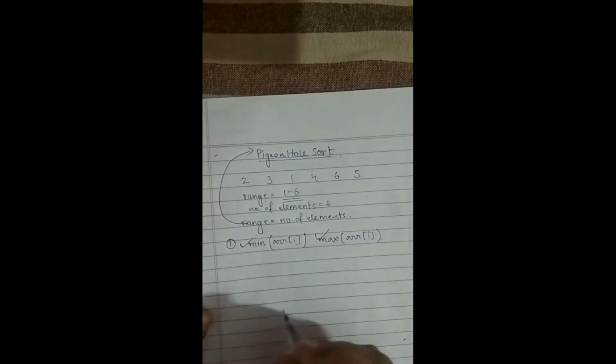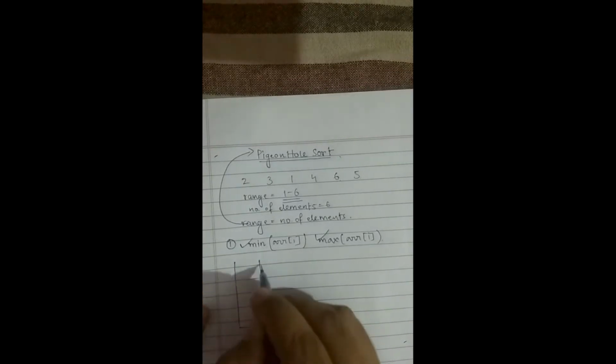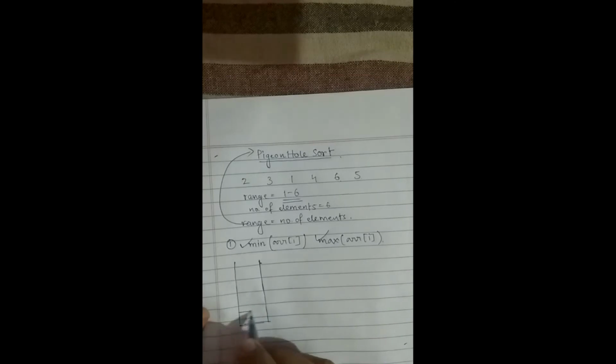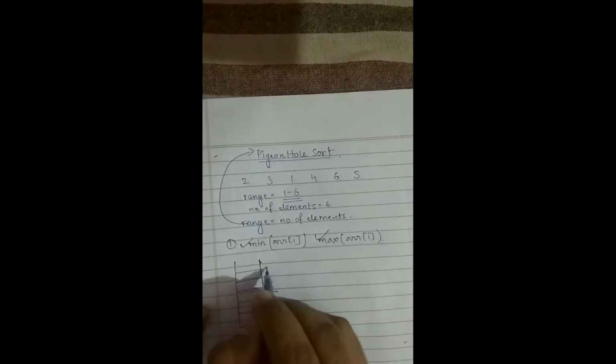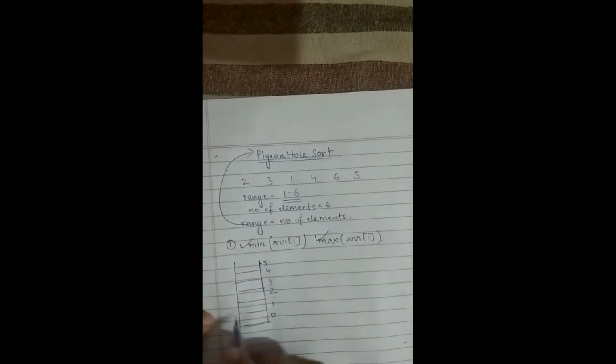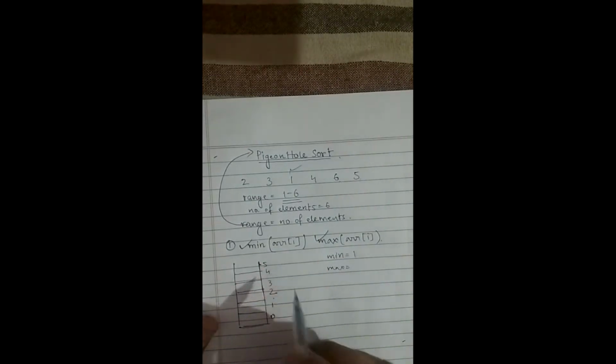Then take an empty list with indices 0, 1, 2, 3, 4, 5. What is the minimum element of the array? The minimum is 1 and the maximum is 6.